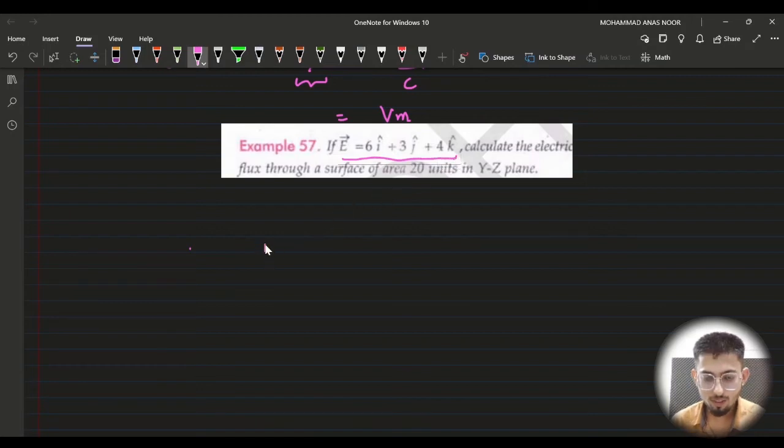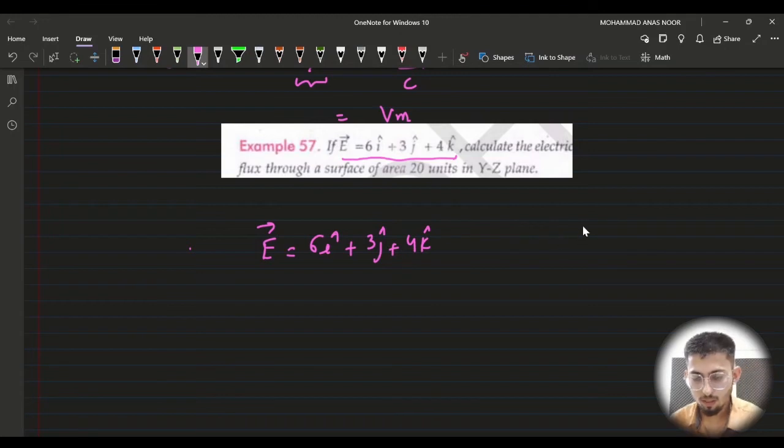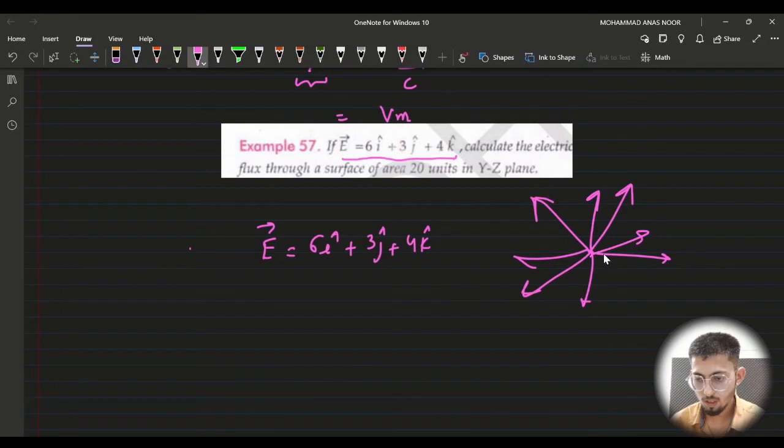This means the electric field is present in three directions, i, j, k. We cannot draw it on paper, but one component would be in the direction of i, another in j, in every direction x, y and z, because there are three components i, j and k.